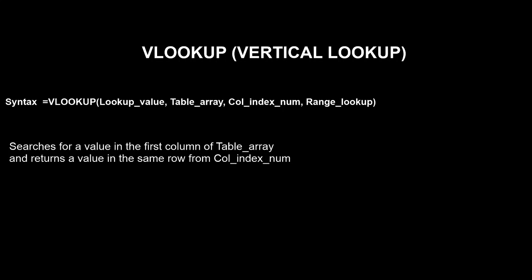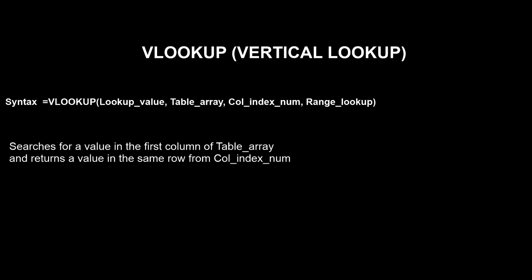That's the cell you want to reference as a guide, and then the table array, so where's the table that the information is going to come from that it's comparing to, and then the column index, which column in that table array it's coming from, and then our range lookup.